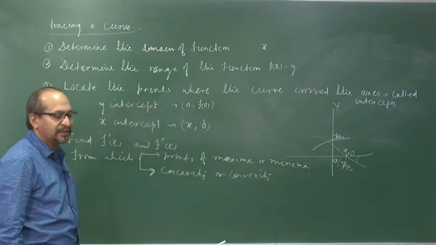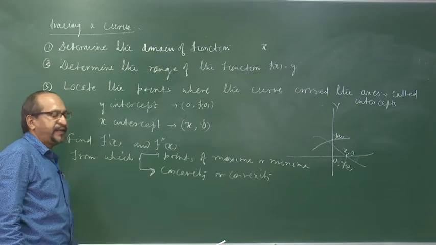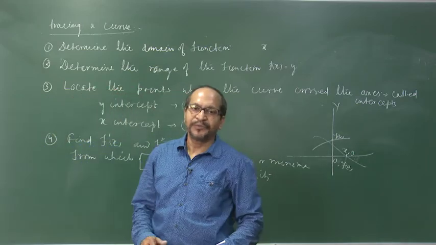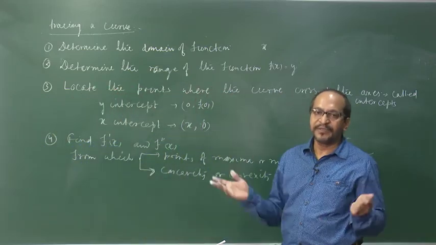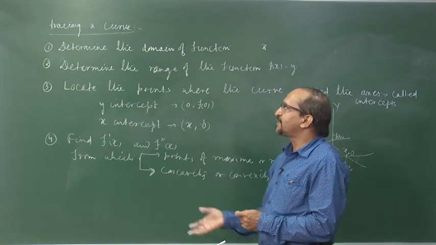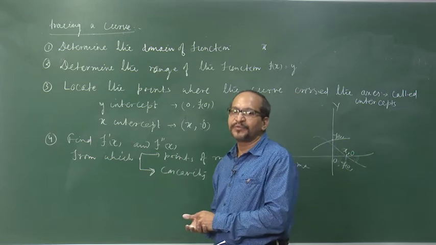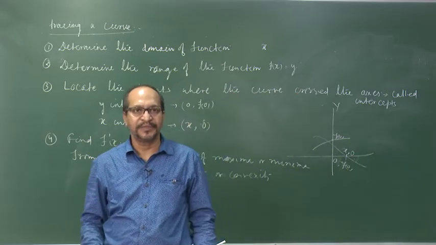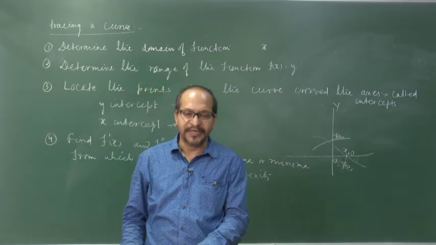Okay. Now, with all these ideas, we can trace out the shape of the curve. So, these are the minimum steps to be followed before tracing a curve. Let us now discuss an example.